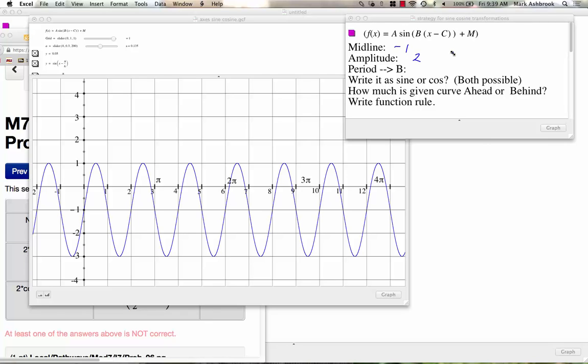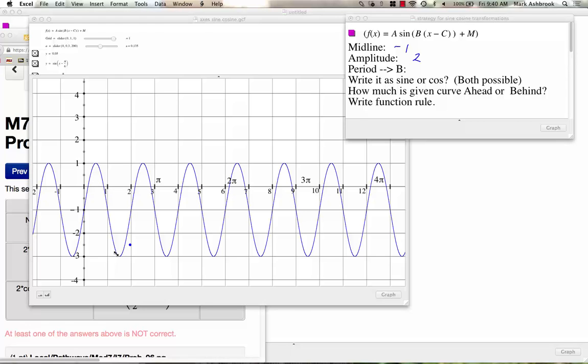What's the period? According to the graph, what's the period? Walter, what do you think? I said 3. You said 3? So from 0 to 3 is when you get one full cycle. So here's starting the cycle. It's going up, right?